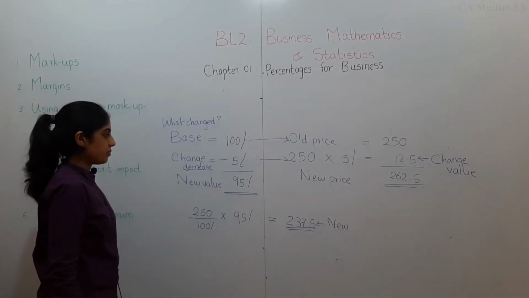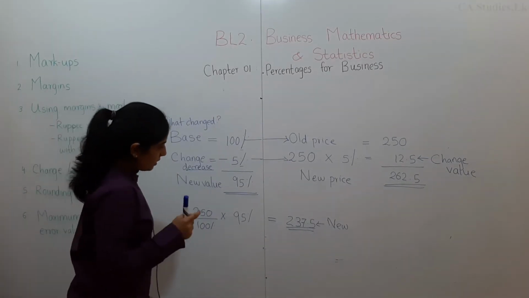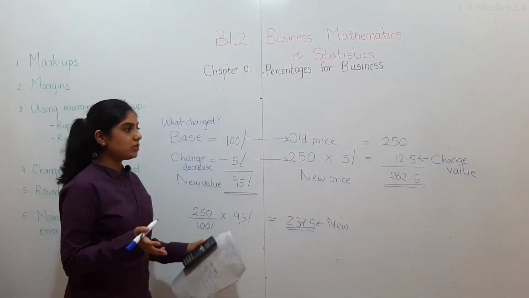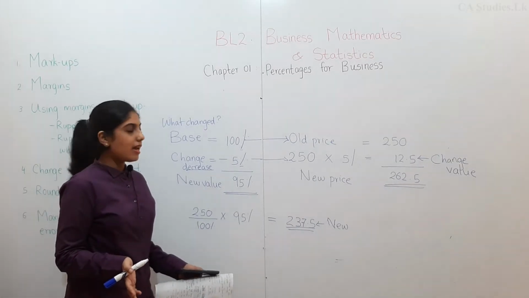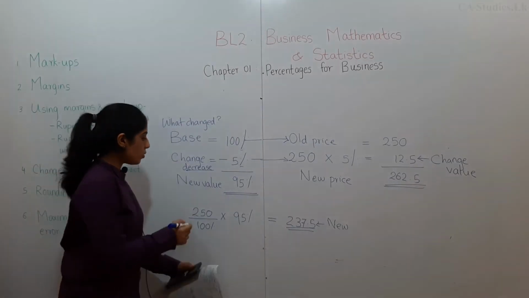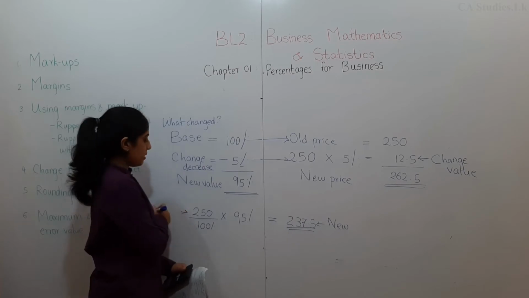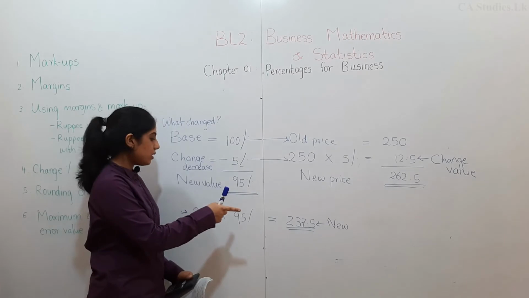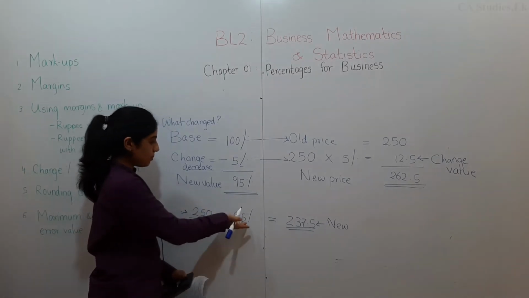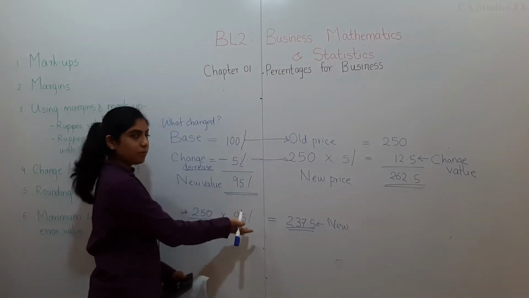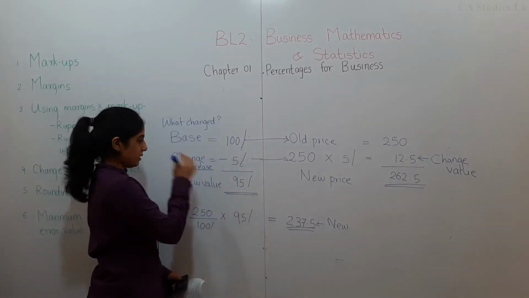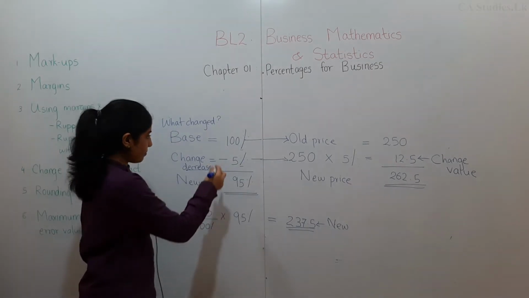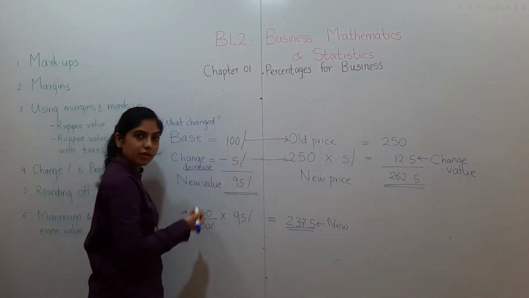Now you see a similarity. When it comes to changes, if they give you the old price and ask you to find the new price, then dividing by 100 and multiplying by the said percentage, all of this, through practice you can develop straight away: 100 minus 5, 95%.